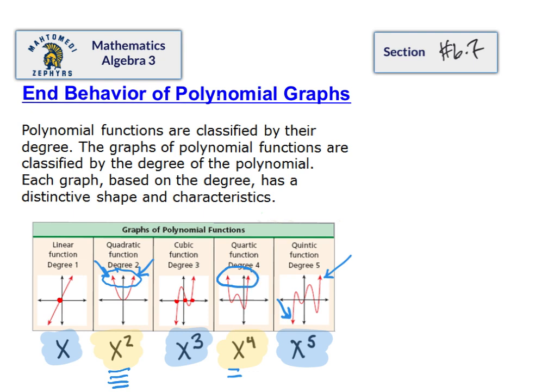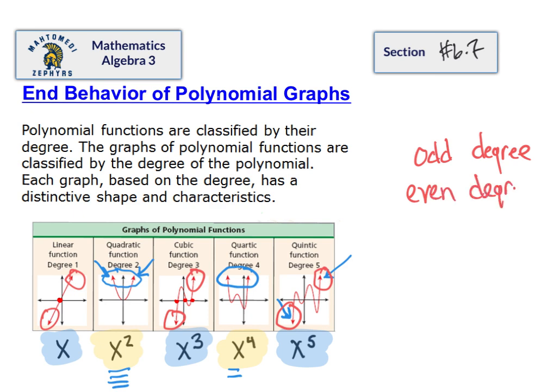Same with the fourth function. Notice on the odd-powered functions, the graphs finish in opposite directions. One side goes to positive infinity, the other side goes to negative infinity. So there is a difference depending on whether it's an odd degree or an even degree function.